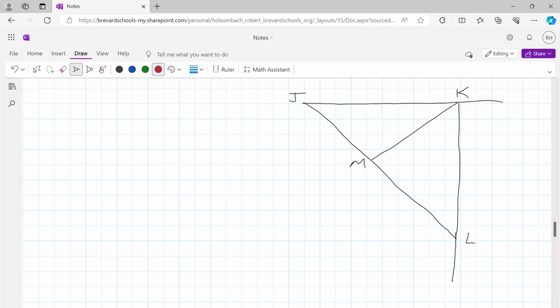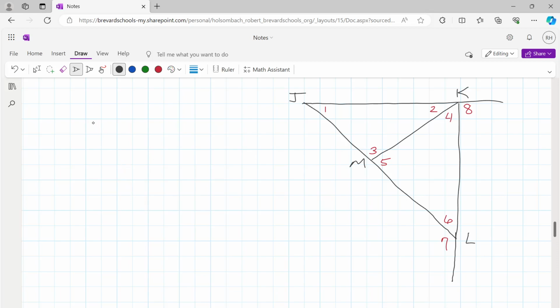And then we'll put all these numbered angles in here. Okay, so the directions are to use the exterior angle inequality theorem to list all the angles that satisfy the stated condition.